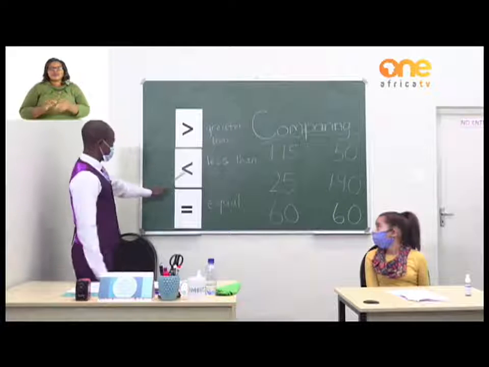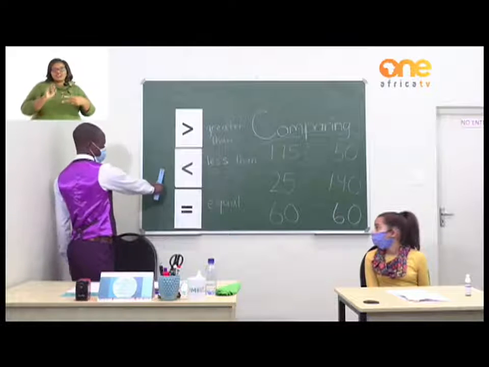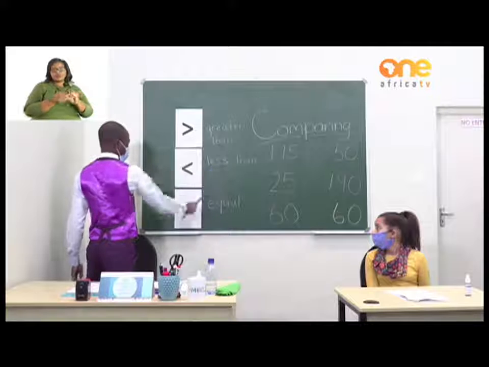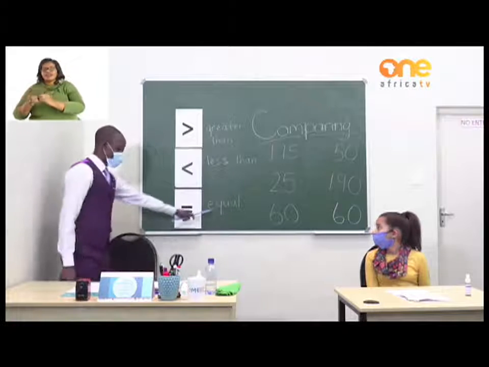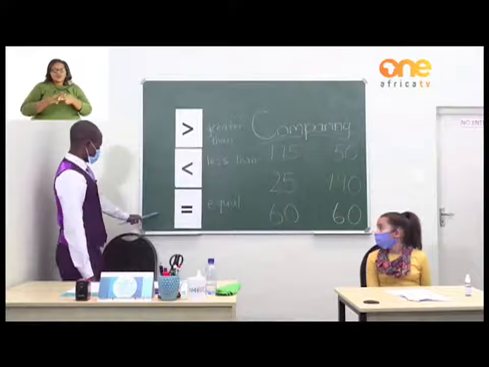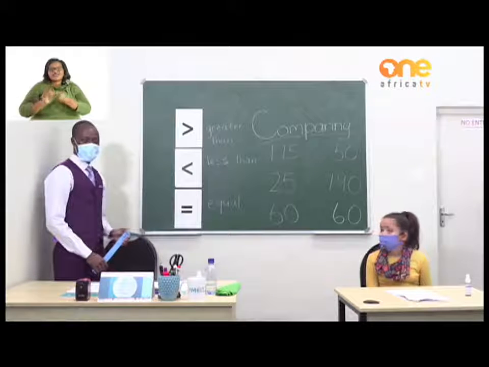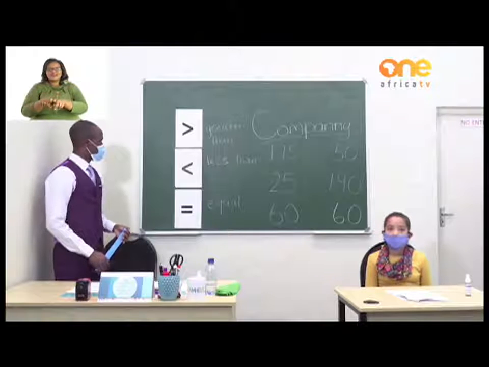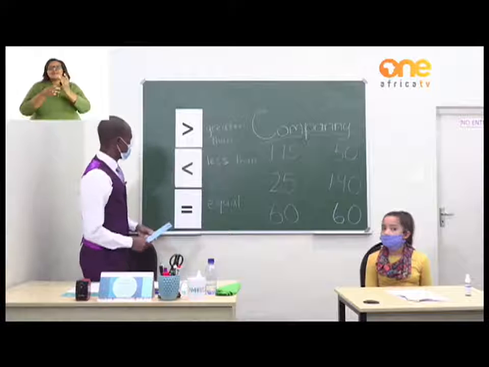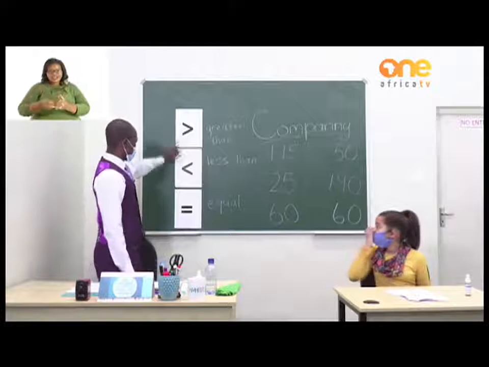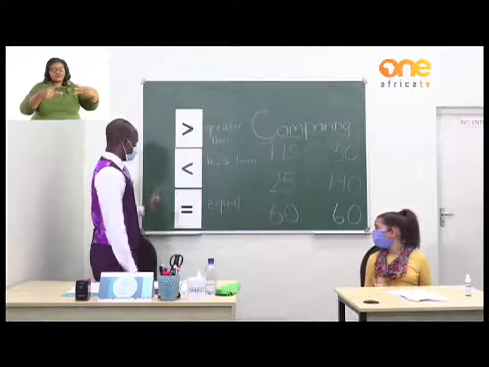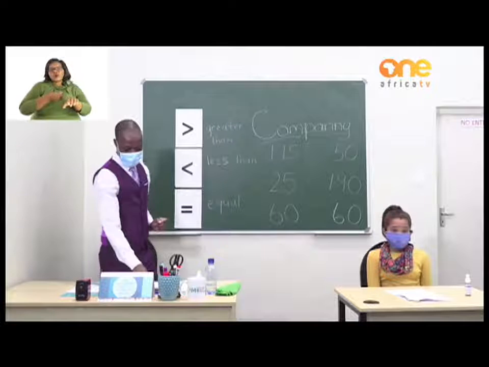We use less than when you are starting with a smaller number, followed by a bigger number. We use the equal sign when the numbers are of the same size. So basically, these signs, greater than or less than, are always pointing at a smaller number.